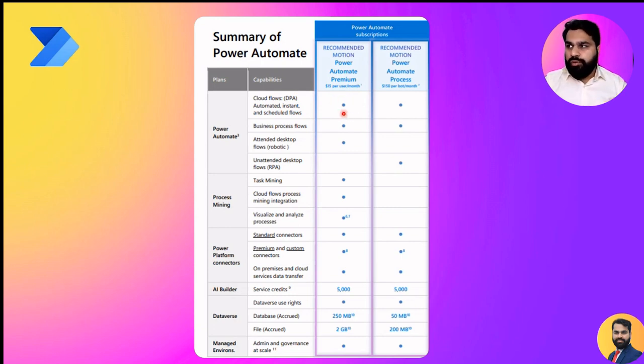Initially the flow owner is the one who has created the flow. By default, that is the owner of the Power Automate or flow. However, this can be modified. This can be changed to another user.